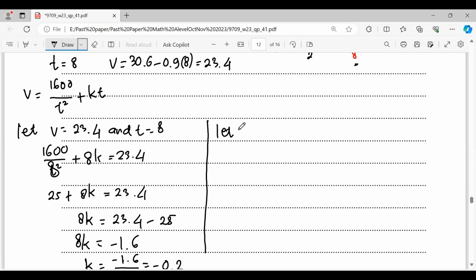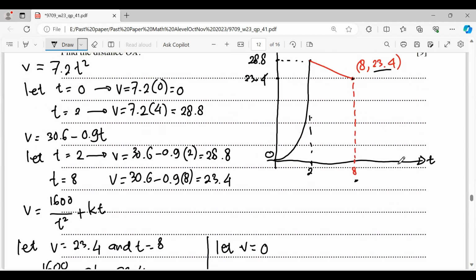Next, let phi equals 0 because we are going to find the intercept point with t here. We are going to find how much here.